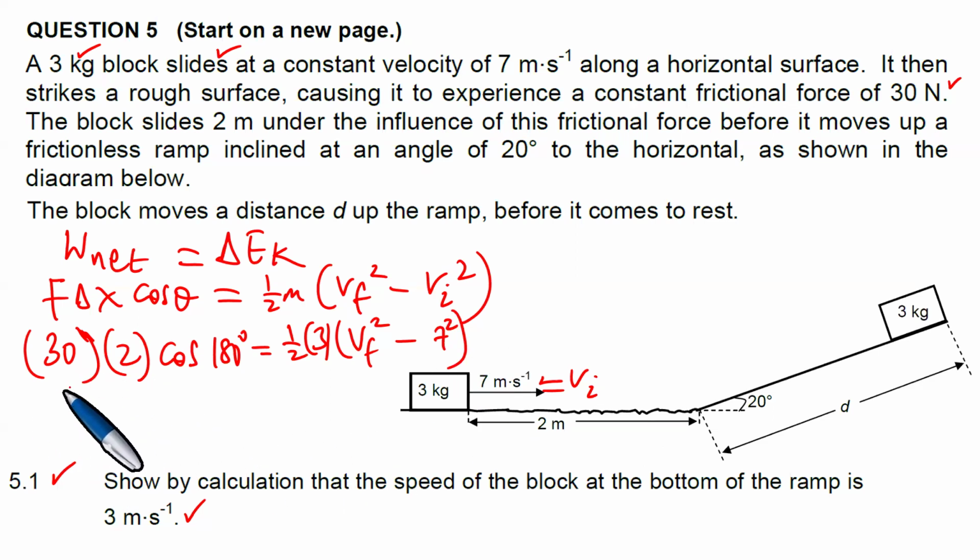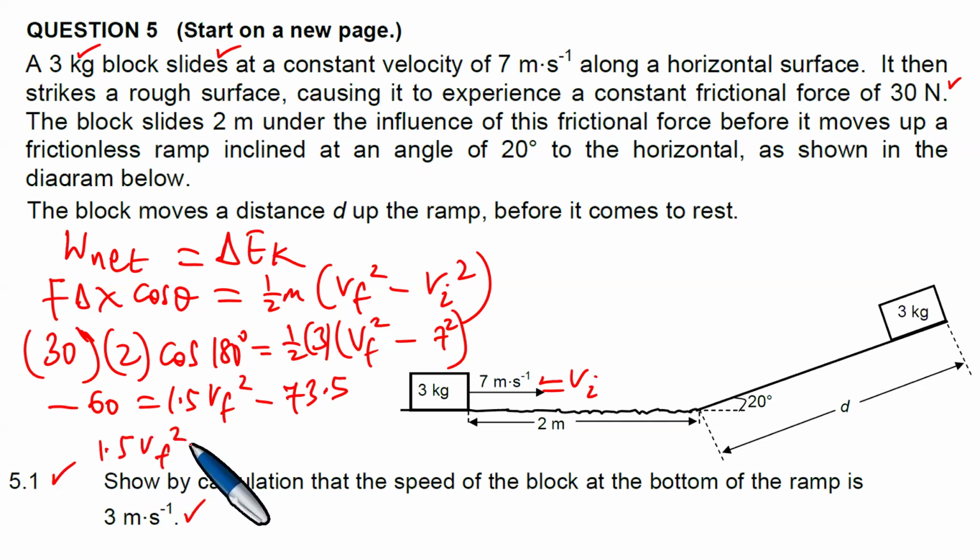What is 30 times 2? 30 times 2 is 60, but cosine 180 is a minus, so it's minus 60. This is exactly the same as 3 over 2, which is 1.5 v final squared minus 73.5. So 1.5 vf squared equals 73.5 minus 60, which is 13.5.